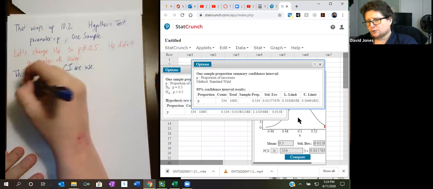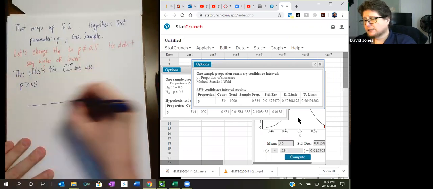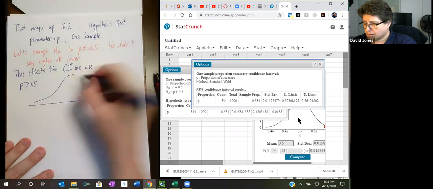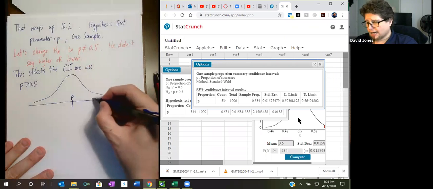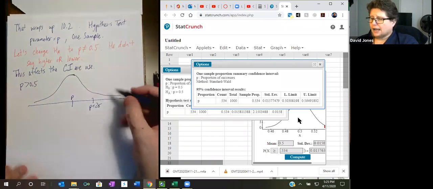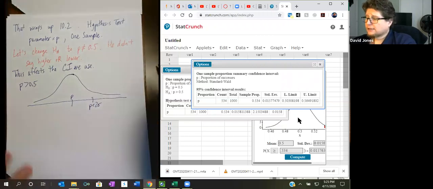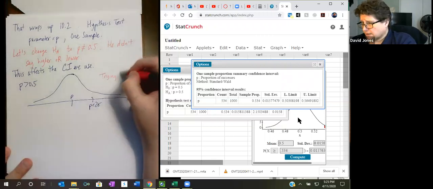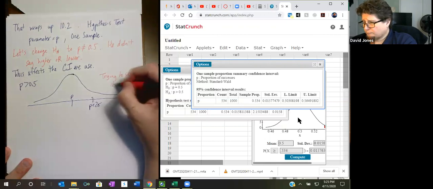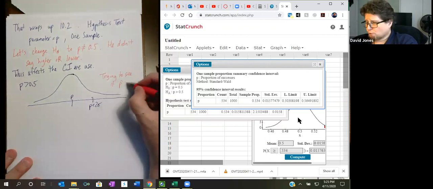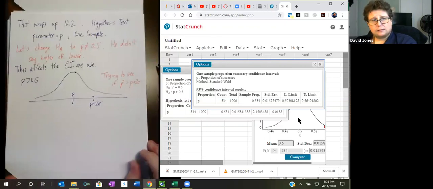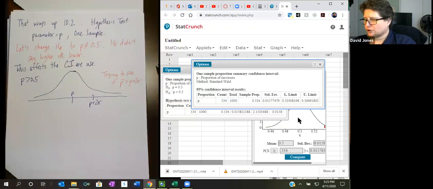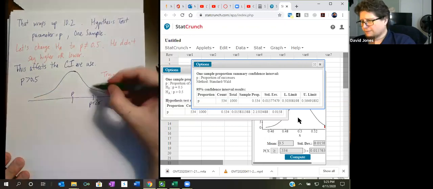When we had P greater than 0.5, we had P here, we had P plus 2 sigma, and we were trying to see if P hat was greater than P plus 2 sigma. If we do P is less than 0.5, and let me finish the idea here.